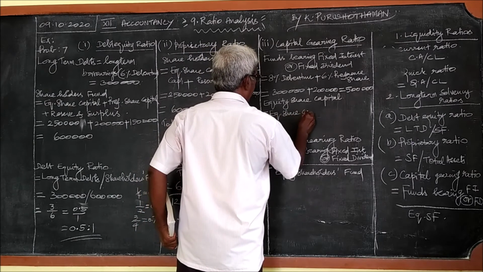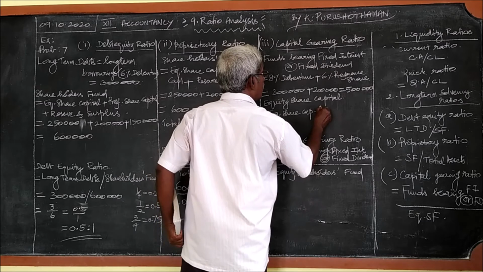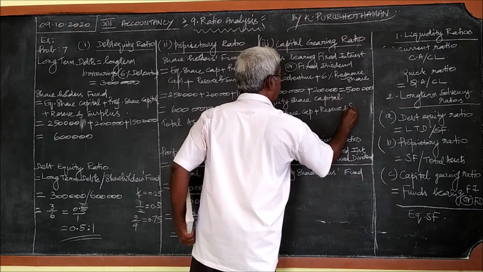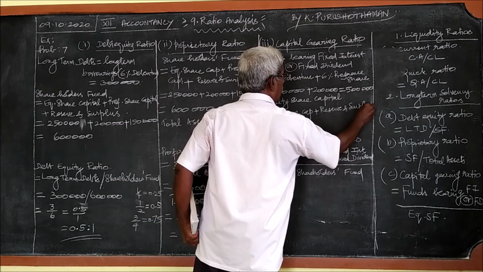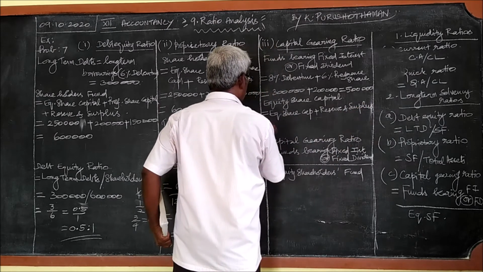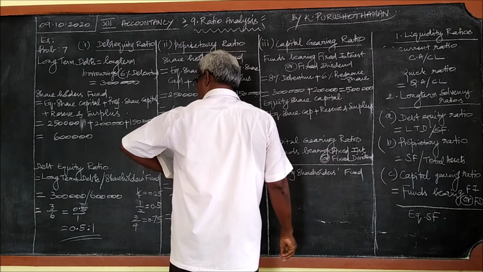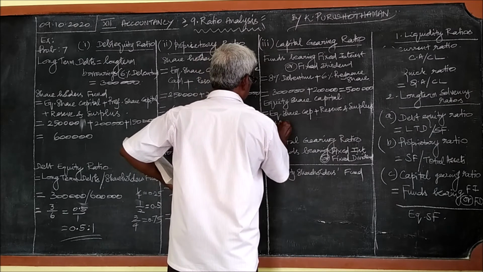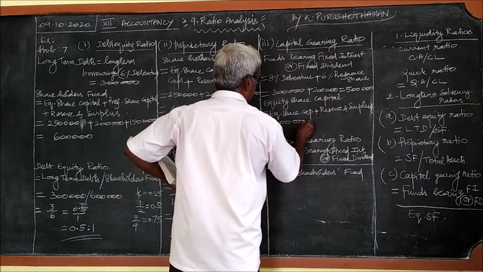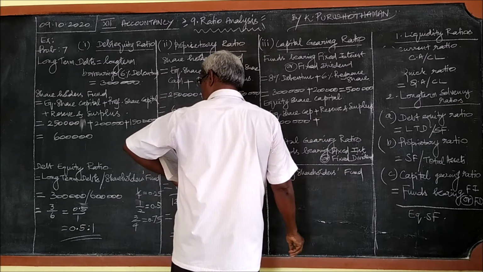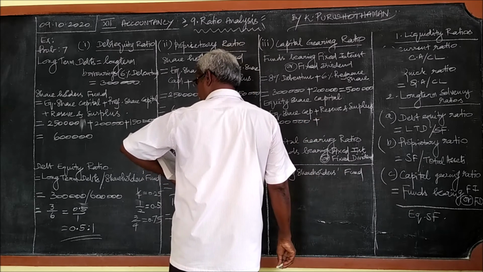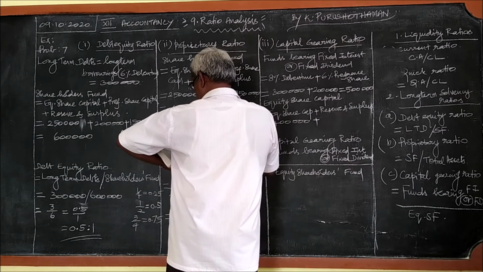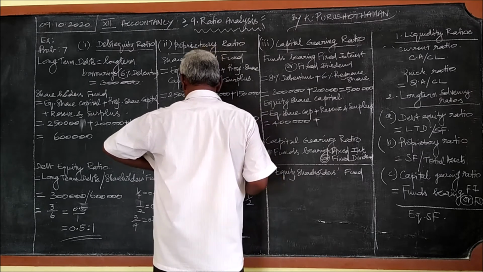Equity share capital plus reserve and surplus. Equity share capital 4 lakhs. Reserve and surplus. Equity share capital 2,50,000.